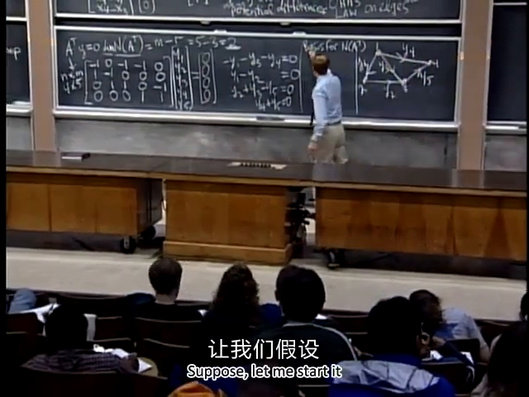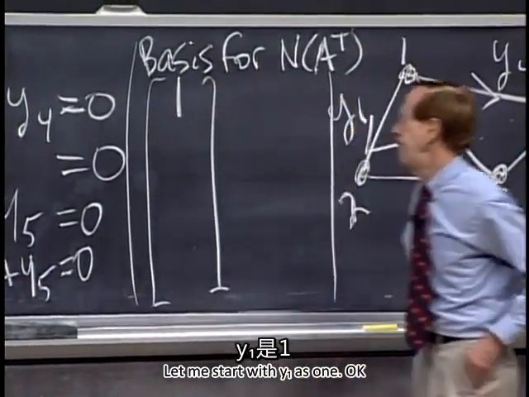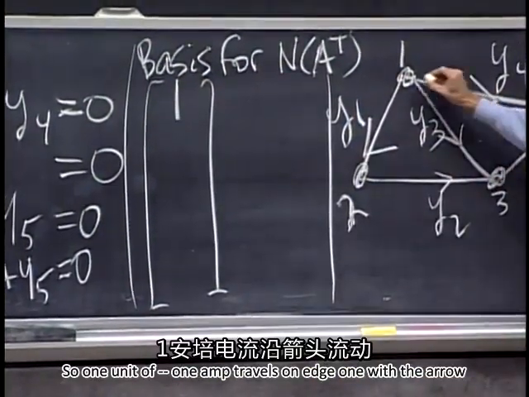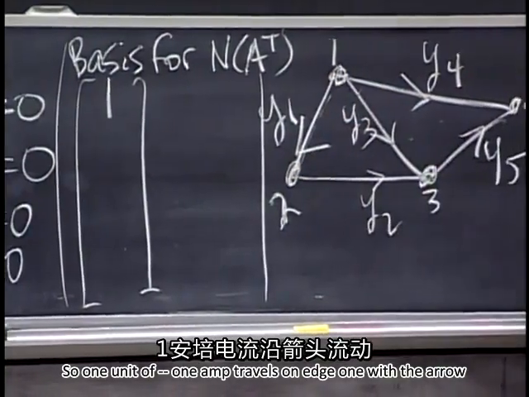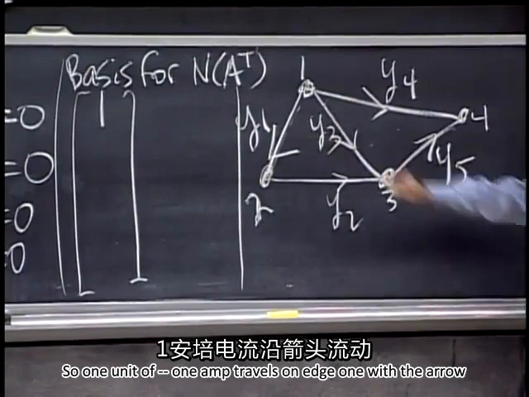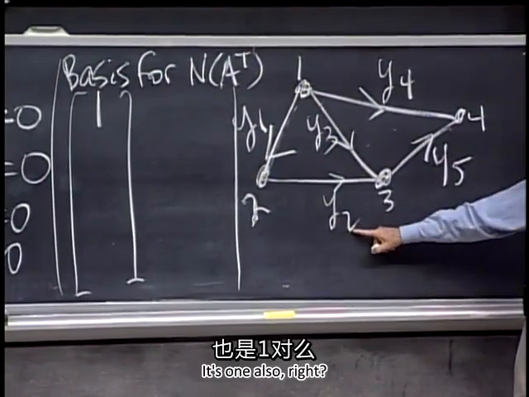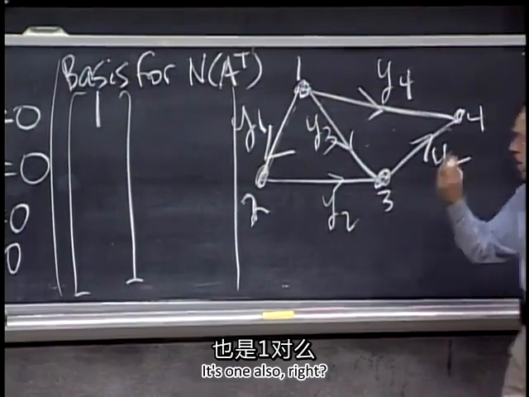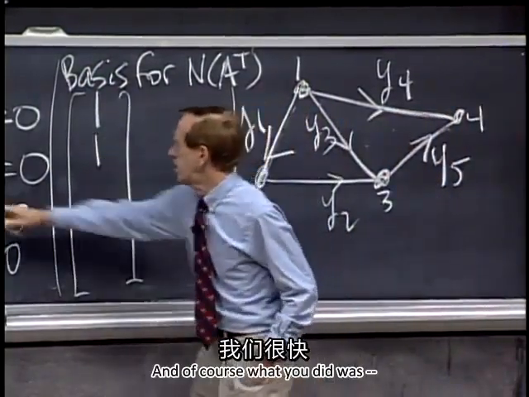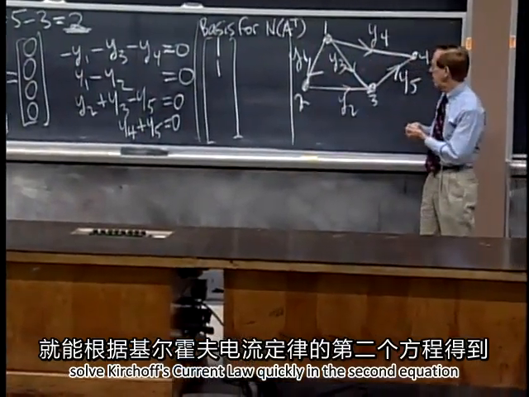Suppose, let me start with Y1 as 1. Okay, so 1 unit, 1 amp, travels on edge 1 with the arrow. Then what? What is Y2? It's 1 also, right? And of course, what you did was solve Kirchhoff's current law quickly in the second equation.